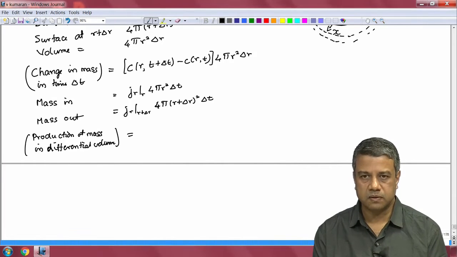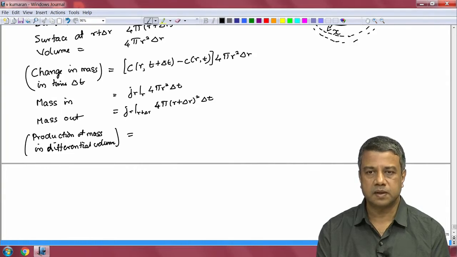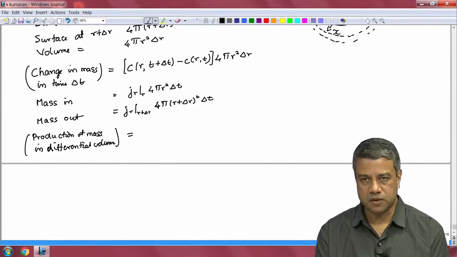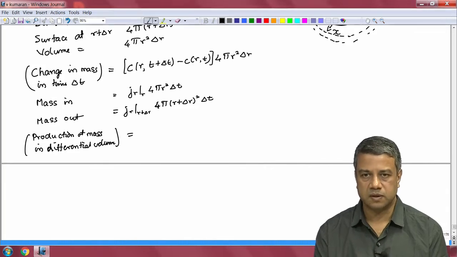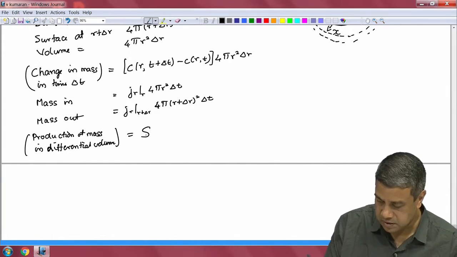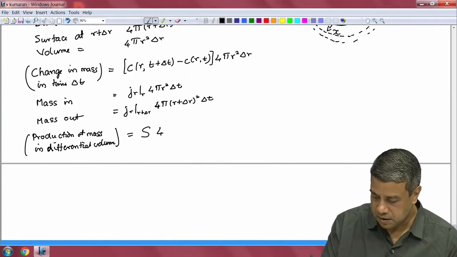This is equal to the production rate per unit volume. This production is due to, for example, chemical reactions. The rate of production will be proportional to the volume and proportional to time. So, it is going to be equal to volumetric source per unit volume per unit time multiplied by the volume 4 pi r square delta r times delta t.